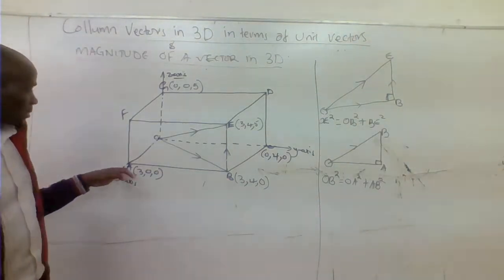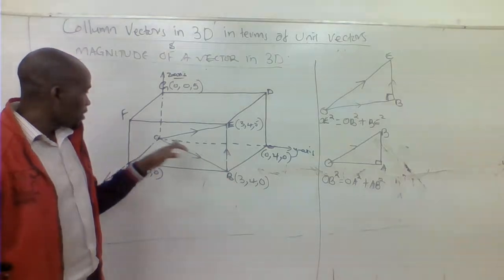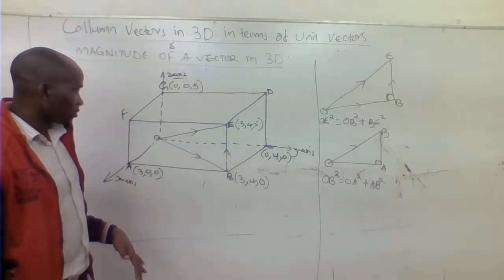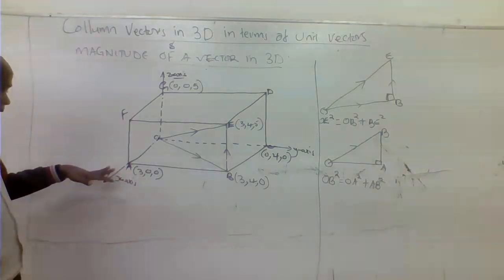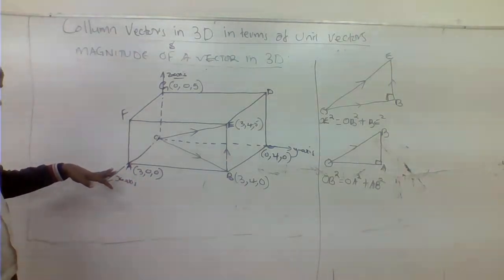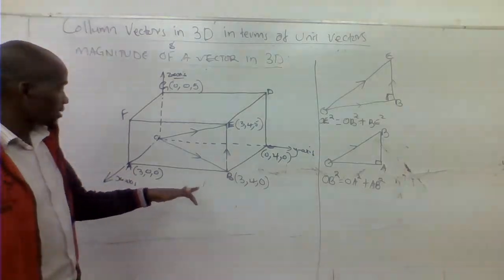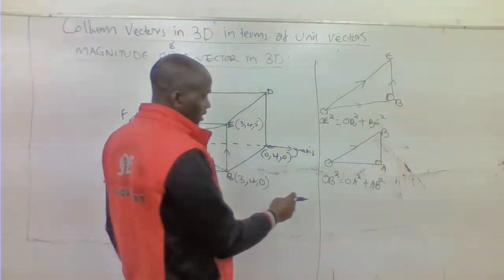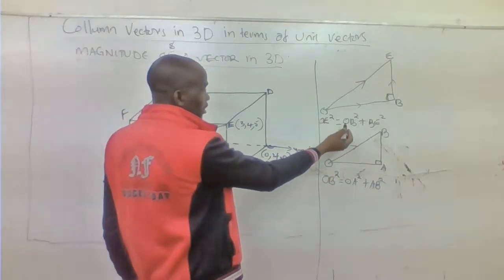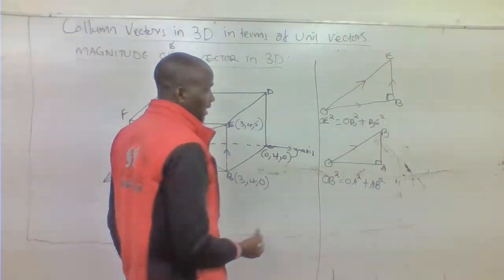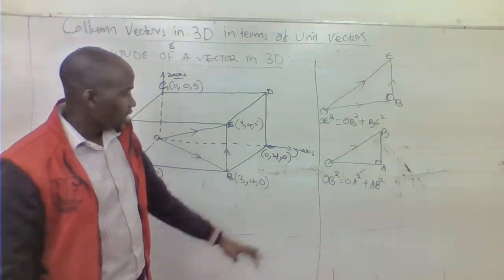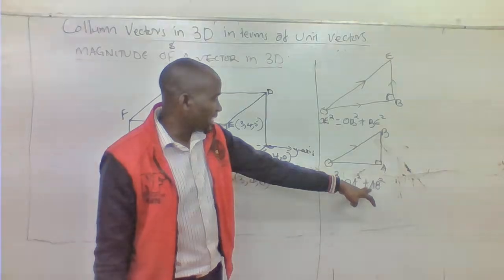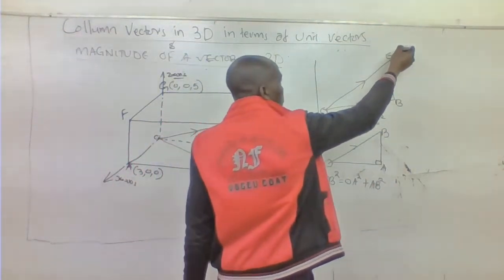Now remember, AB is the same as what? AB is the same as OC. Then this OA is the same as BC or CB. So I can substitute wherever I have OB with OA squared plus AB squared.